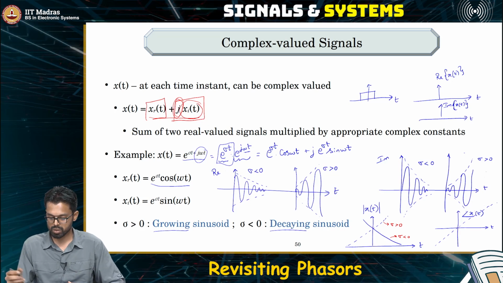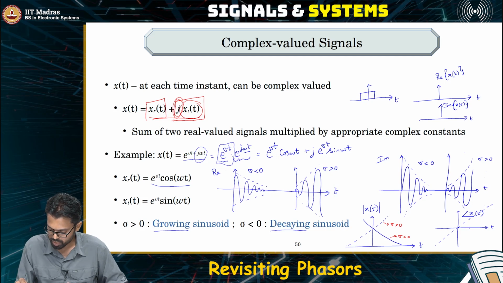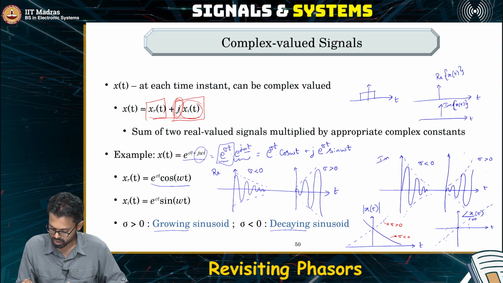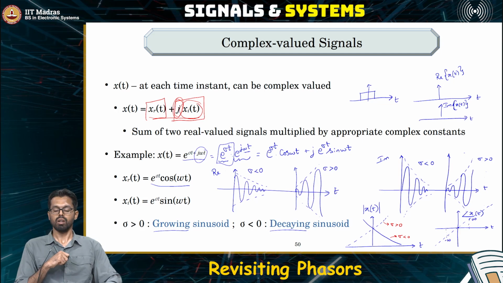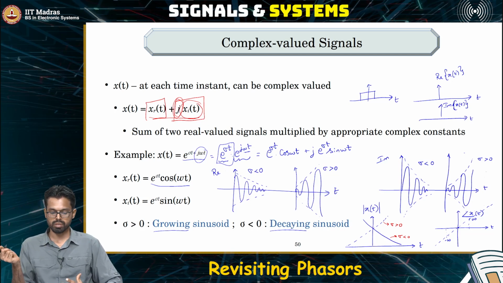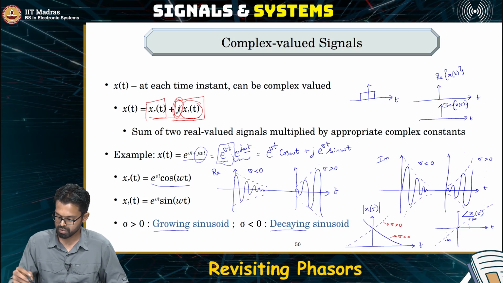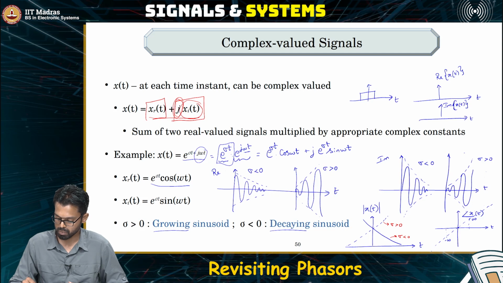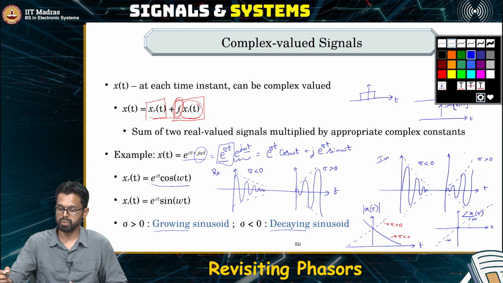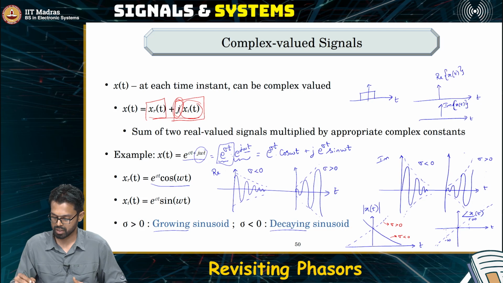So at t is equal to 0, you have 0. At t is equal to 1, the phase is omega. At t is equal to minus 1, the phase is minus omega, right? But then keep in mind, we said that when you compute tan inverse of any number, you will get only between minus pi to plus pi. So in fact, even though the line is actually a straight line from minus infinity to plus infinity, when you compute it, you will get something which is phase wrapped.